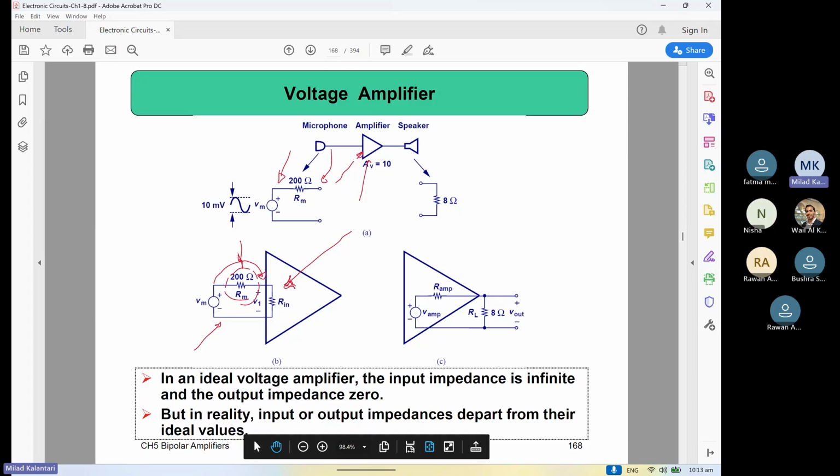On the other hand, the output has a similar situation. You can model the output side as a voltage source again in series with an output impedance. Then you are supposed to drive some load, and again this voltage divider happens at the output side.